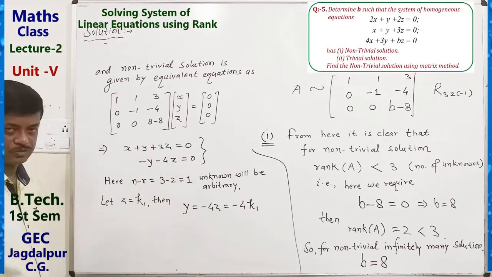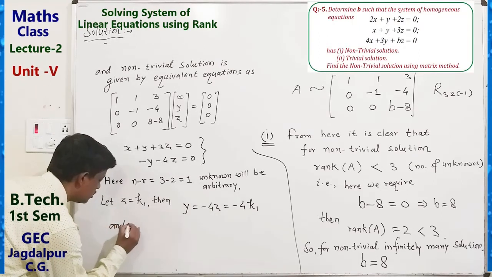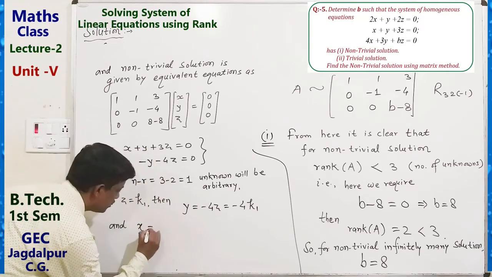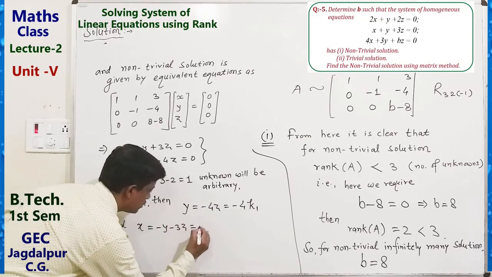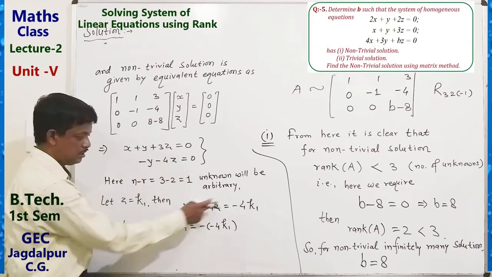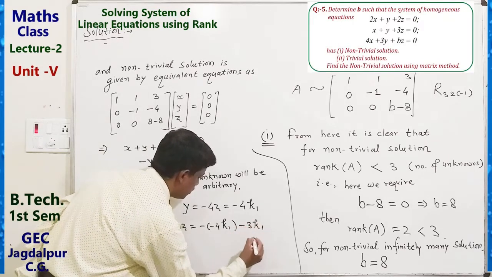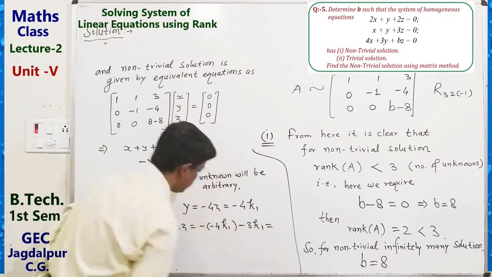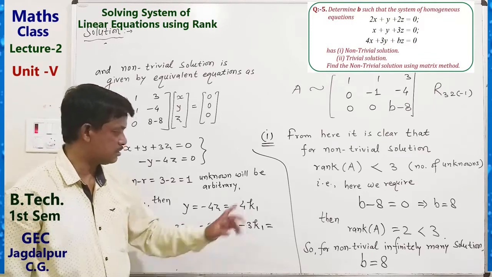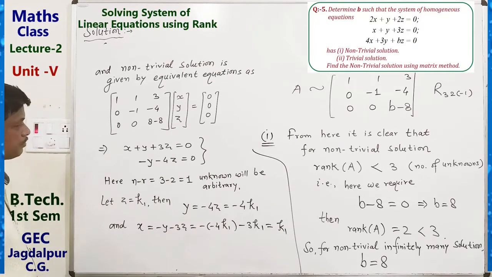So y is minus 4 k1, z is k1, and x equals to minus y minus 3z, that is minus of minus 4 k1 minus 3 k1. We can see that plus 4 k1 minus 3 k1 is k1.